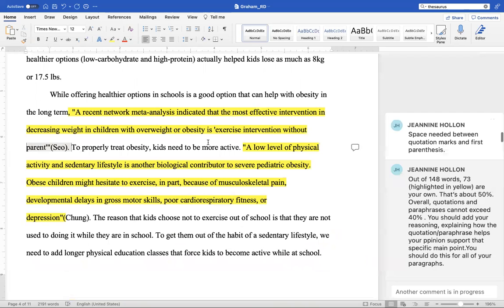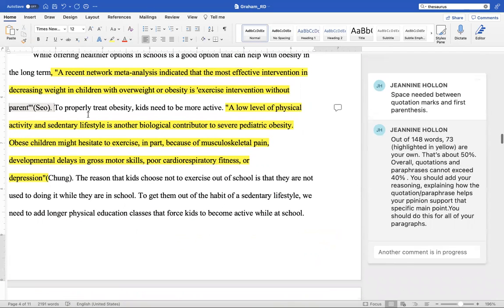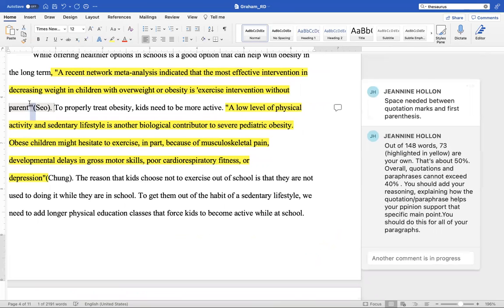All right. A space is needed between your quotation marks. And this is something that is consistently wrong. So make sure you've got a space between the quotation mark and the first parenthesis.